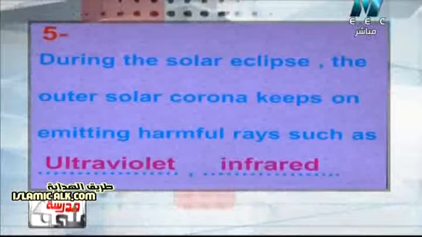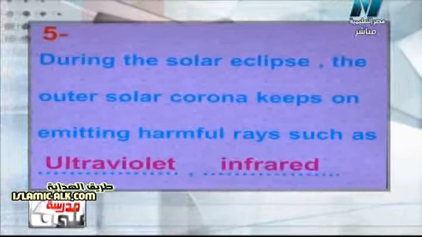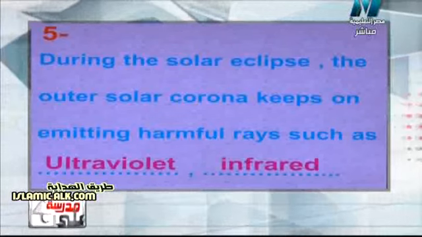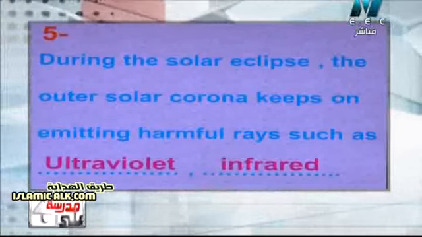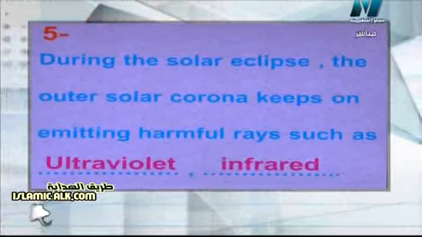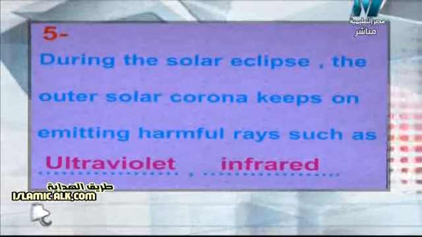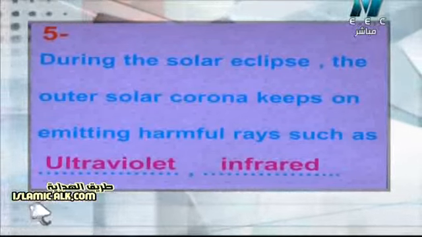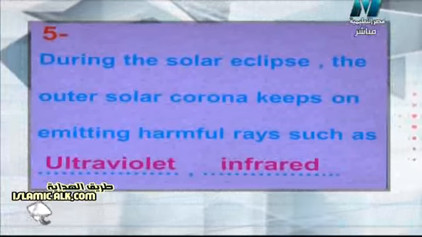So we must take care, and we must wear what? لازم نرتدي special glasses for protecting our eye from blindness, because those rays, the ultraviolet and the infrared, affect our eye retina, and may cause blindness.